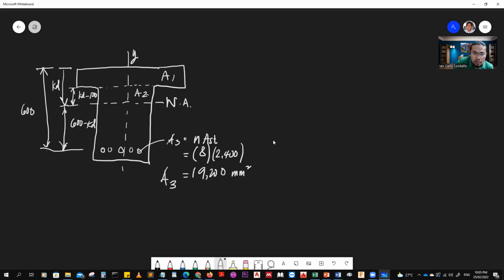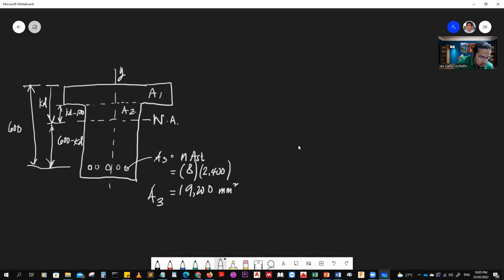Let's proceed with the solutions. So you have your 75 times 10 to the 3 millimeters squared times kd minus 50. Let's try to simplify this one. A1 is going to be 750 times 100, which is 75 times 10 to the 3 millimeters squared.